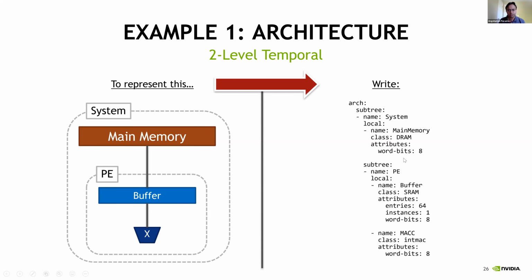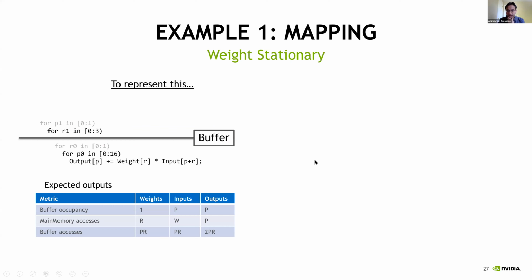Its class is DRAM, and it's got a set of attributes. Alongside this local, you have its subtree, which is basically the PE subtree, and that's identical to what we described before. Okay, so that's the architecture.